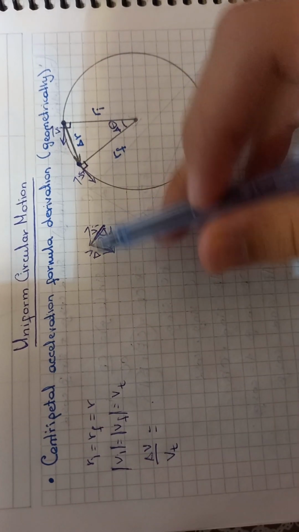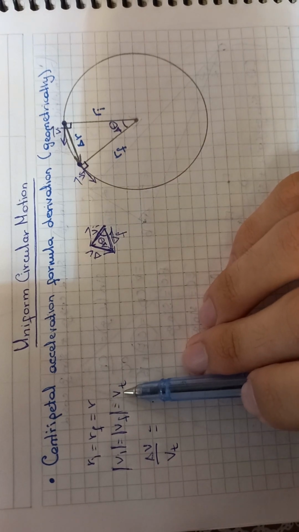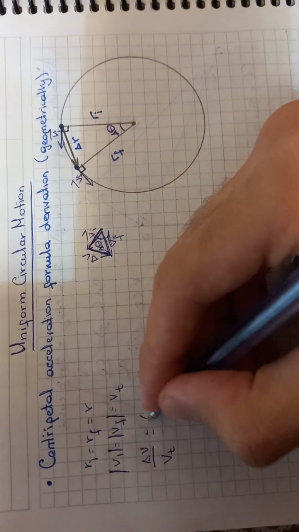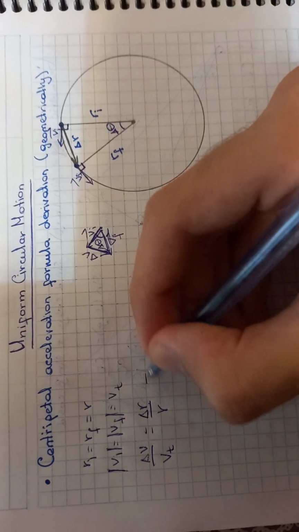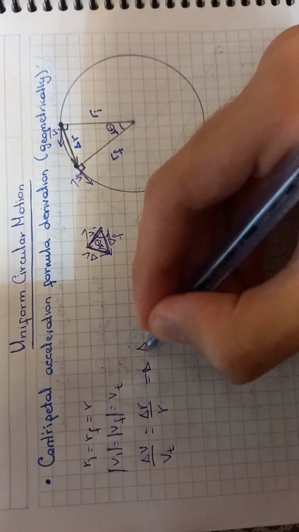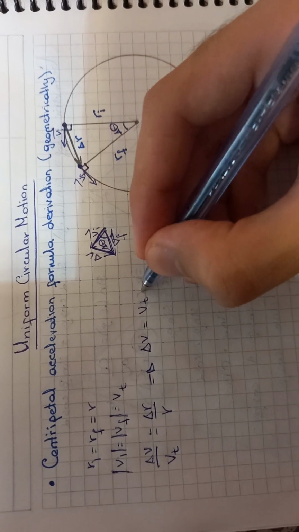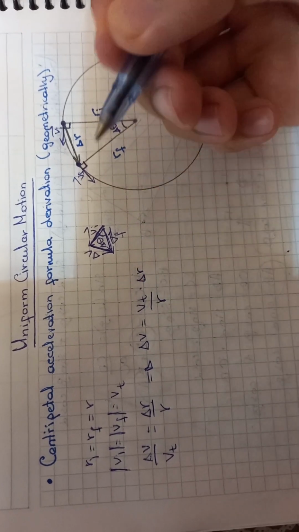Change in velocity over these two, and we have denoted both of them as tangential velocity here, is going to be equal to delta r over r. So from this, we can get the formula for delta v, which is going to be equal to vt, tangential velocity, times delta r over r.